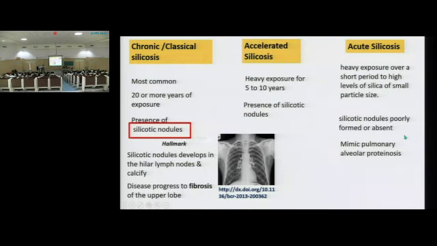Again, acute silicosis is caused by heavy exposure over a short period to high levels of silica with small particle size, and it causes a picture similar to pulmonary alveolar proteinosis. So it mimics the diagnosis of pulmonary alveolar proteinosis.